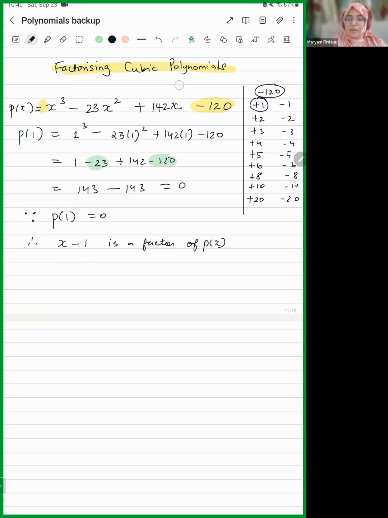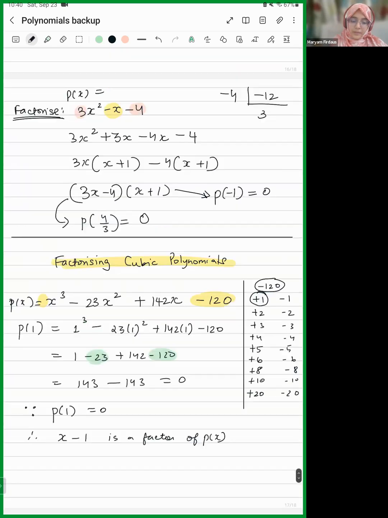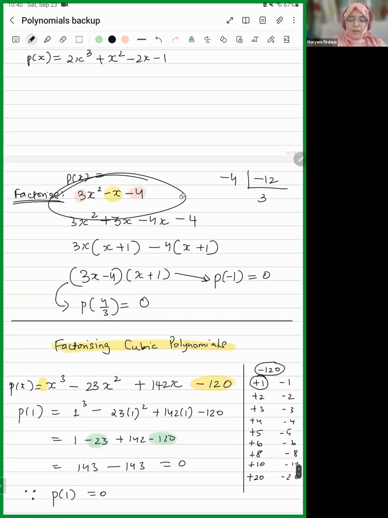Now over here, you will have to divide. This dividing you can do in 2 ways. One is just like over here in the quadratic one, where we split the middle term and took something as common. You can do the same way over here also.